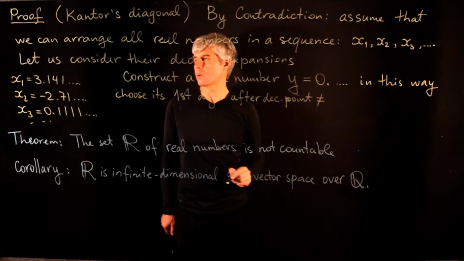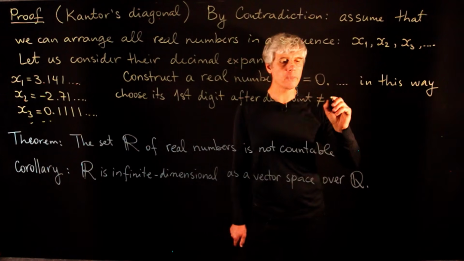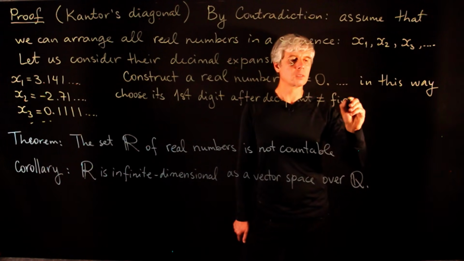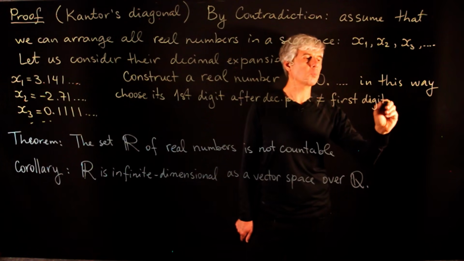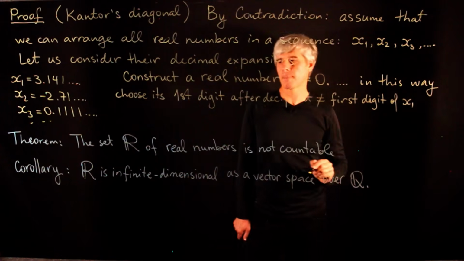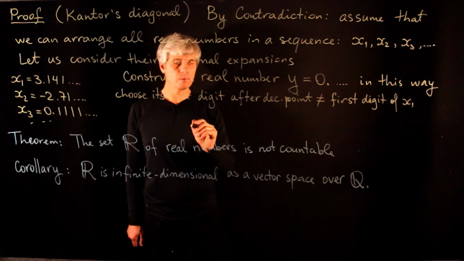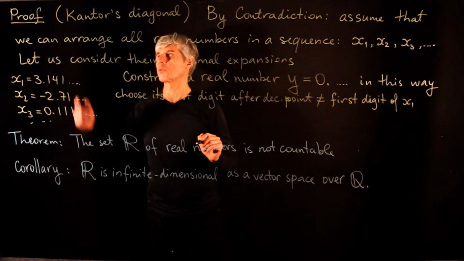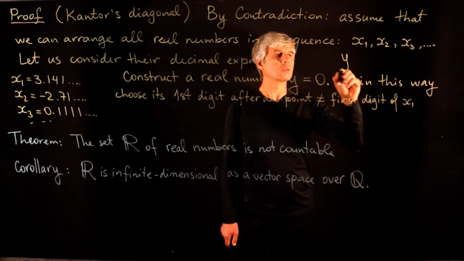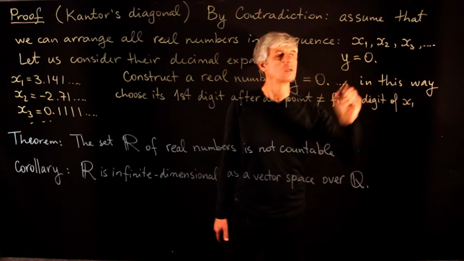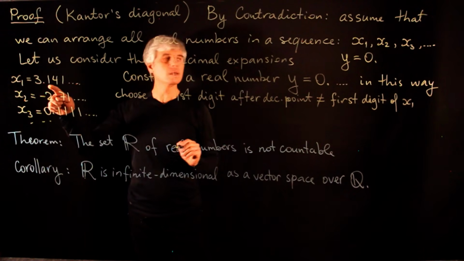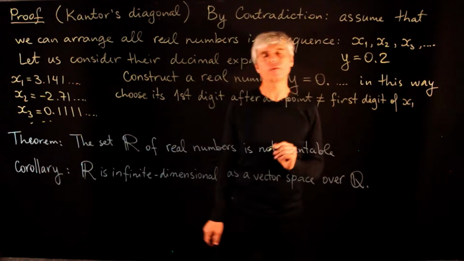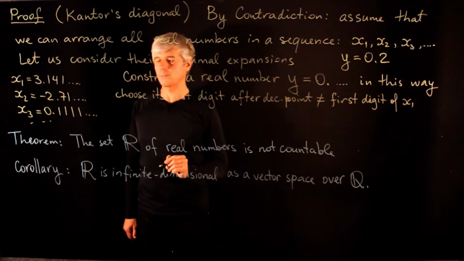in any way which is different from the first digit after the decimal point of x1. So for example, x1 has the first digit of 1, and I will choose the first decimal digit of 2.